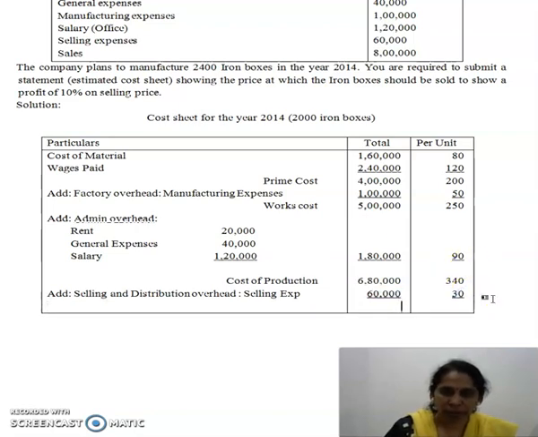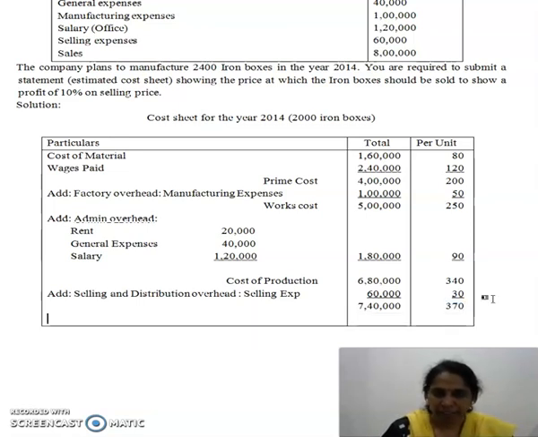Whatever total is coming, how much is it coming? 7,40,000. And here 340 plus 30, 370. Okay, so 370. Now, next step is we have to add the profit.